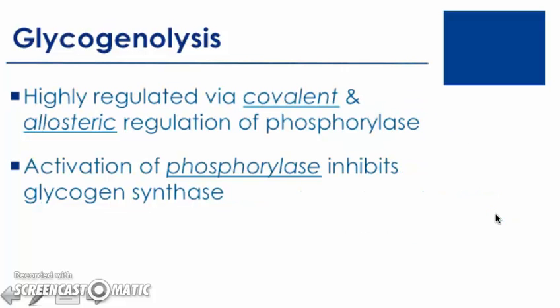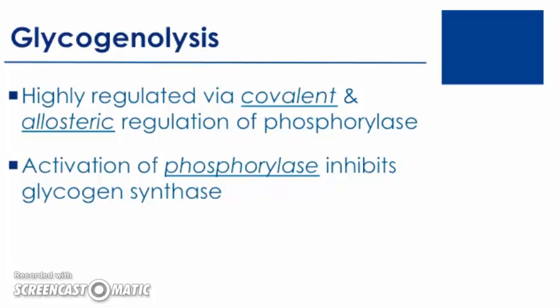Glycogenolysis, and more specifically the activity of the phosphorylase enzyme, is highly regulated by either covalent or allosteric regulation. Interestingly, we also see that activation of the phosphorylase enzyme inhibits glycogen synthase, which is the key enzyme of glycogenesis.